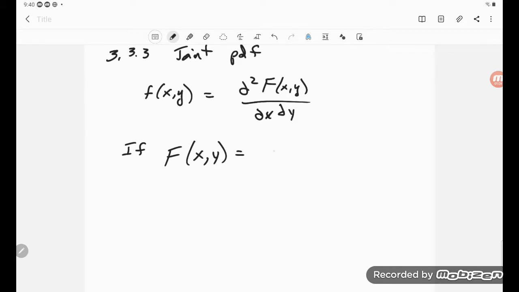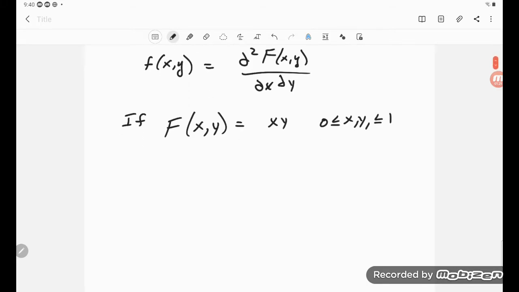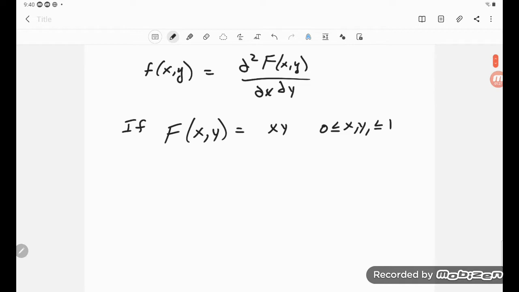Well, I'll use x times y. And I guess in this case, I think this will work: 0 is less than x and y is less than or equal to 1. So when we get to 1, 1, we get 1 out of this thing.